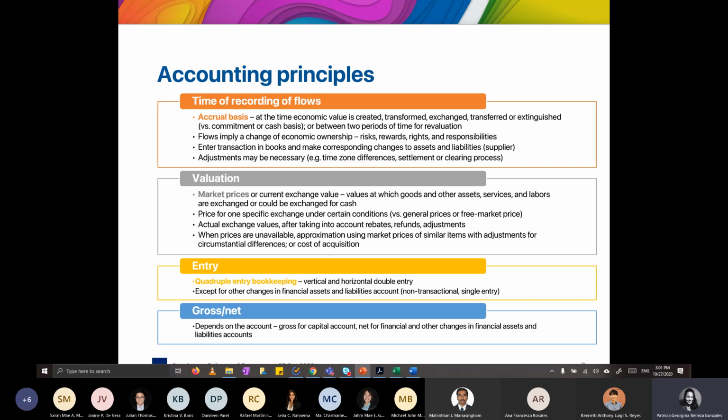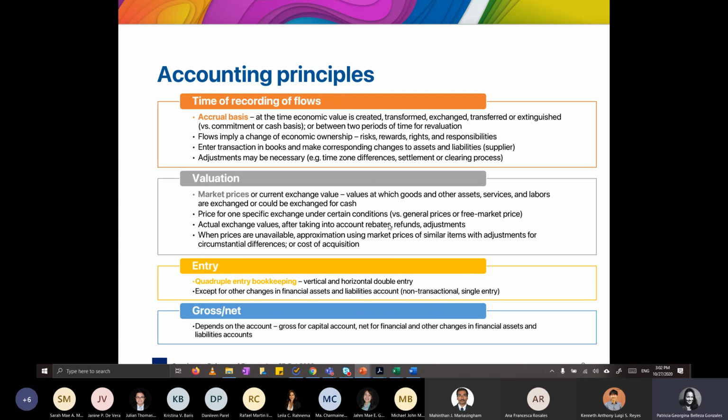As Ken mentioned, this is from the national perspective. Since the transaction is between residents and non-residents, it's only necessary that the vertical double entry bookkeeping practice is maintained. However, it should be at the very least cohesive with the corresponding entry in the counterpart country. So the other half of the horizontal double entry is taken care of by the counterpart country or non-resident unit.